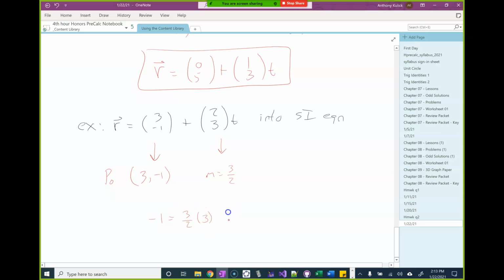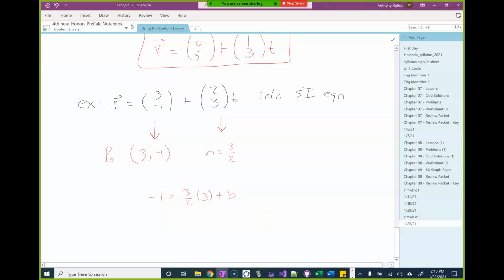So we have y equals 3 over 2x minus 11 over 2.